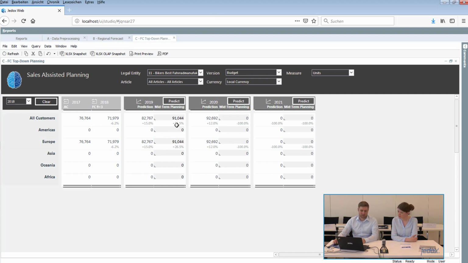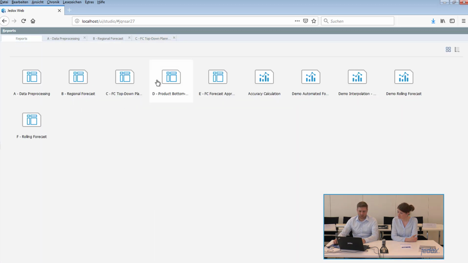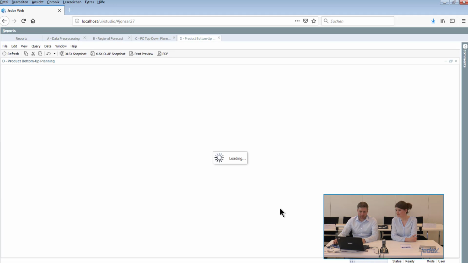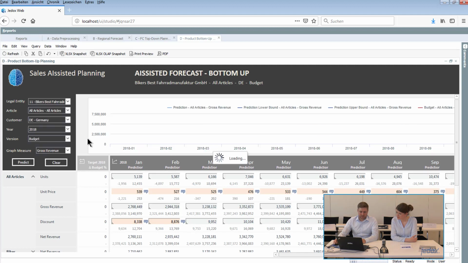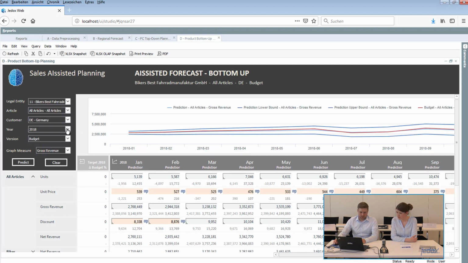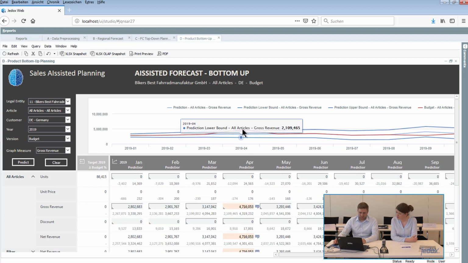Okay, so now we have set the goal here, and now we come to the next step: the bottom-up planner now has these targets for 2019. So we have this spike here, and we have that for units.